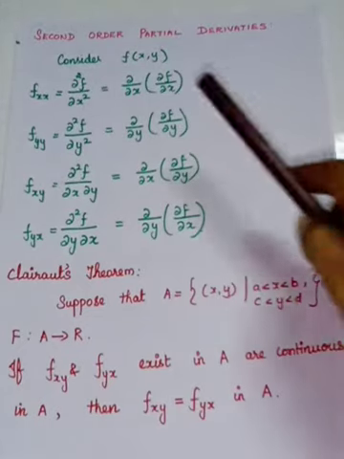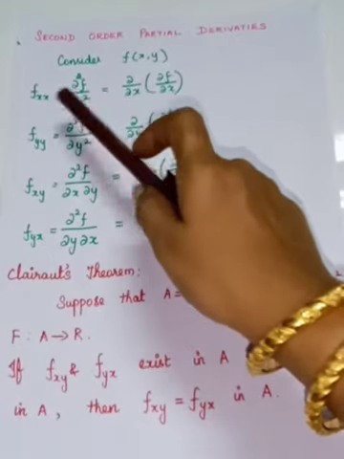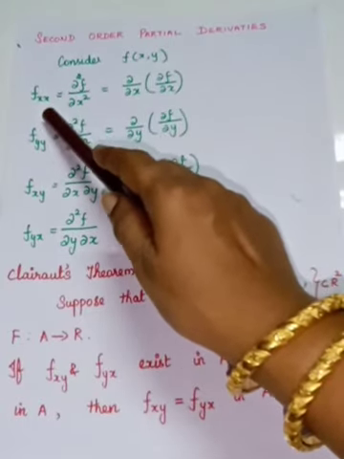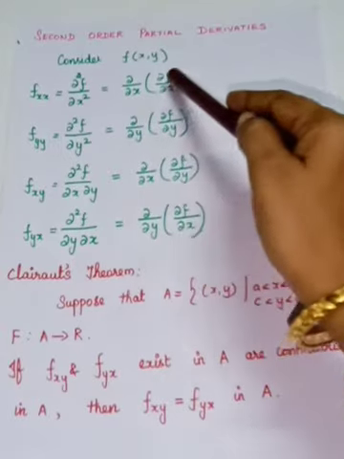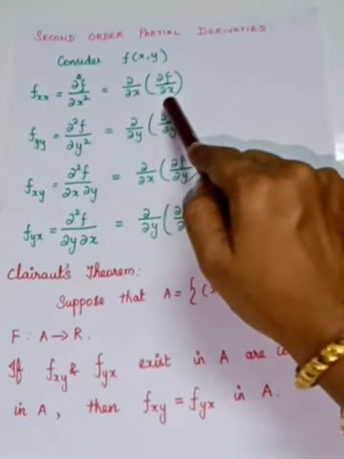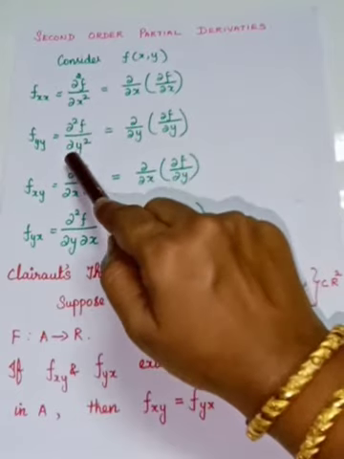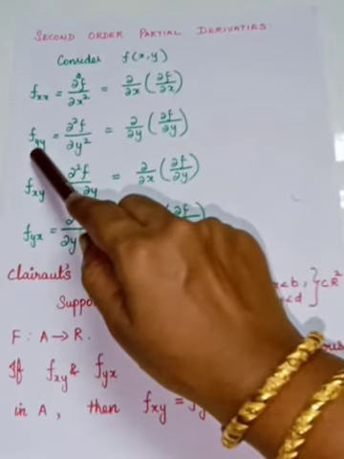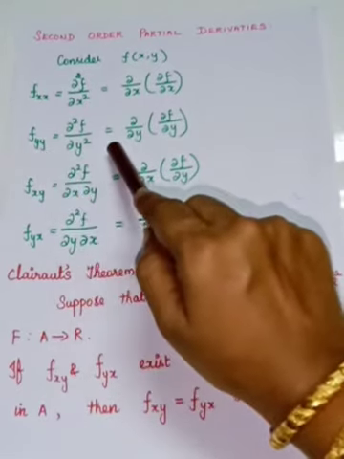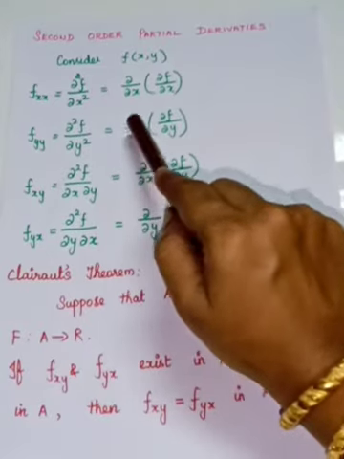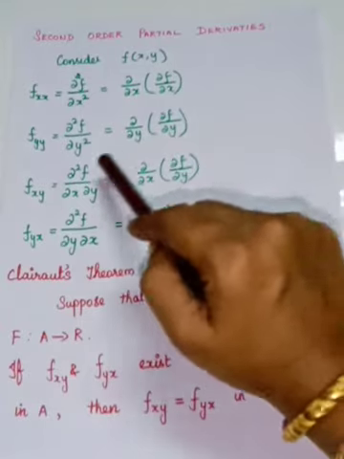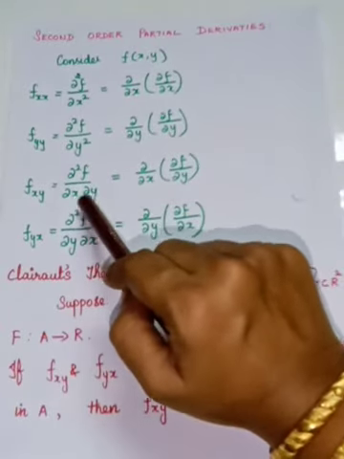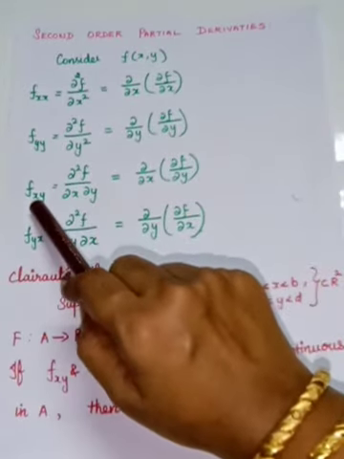See, ∂²f/∂x² can be written as fxx. So how will it be written? ∂/∂x of ∂f/∂x. ∂²f/∂y² can be written as fyy. It can be split as ∂/∂y of ∂f/∂y. And ∂²f/∂x∂y can be written as fxy.